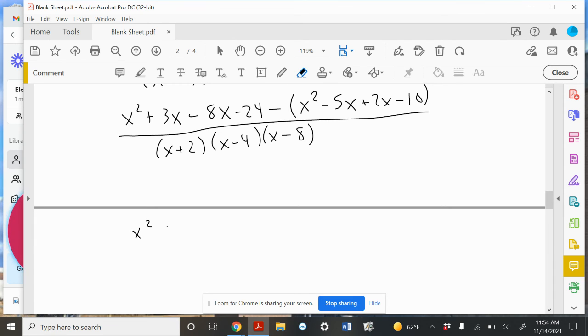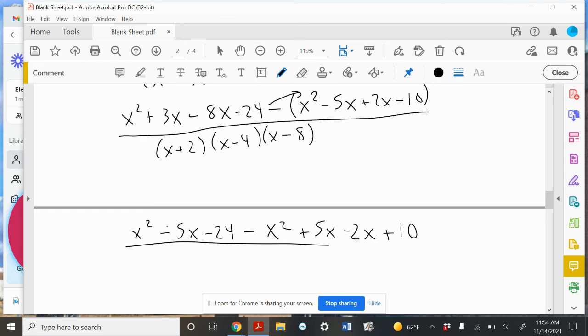So I have minus 5x minus 24 minus x squared plus 5x minus 2x and plus 10, because I distributed this negative through. Okay, all over my common denominator, x plus 2, x minus 4, this is probably the longest problem we're going to see, and x minus 8.